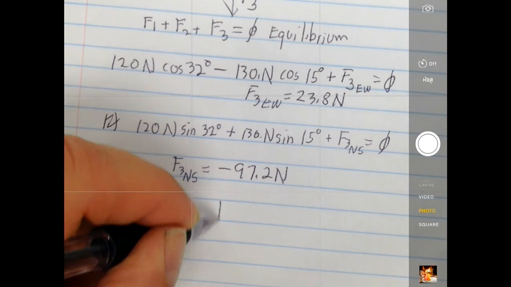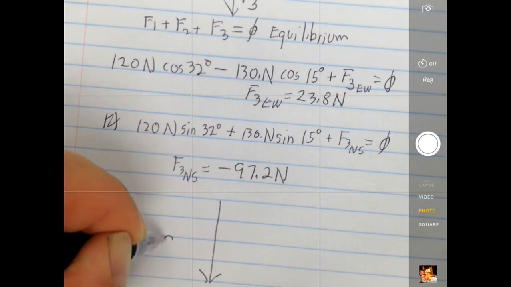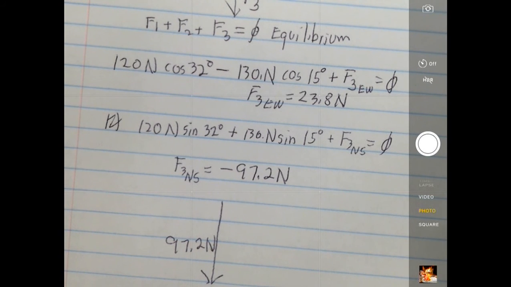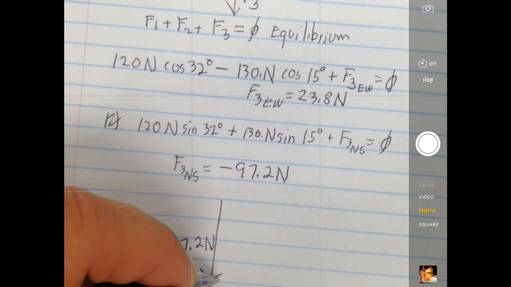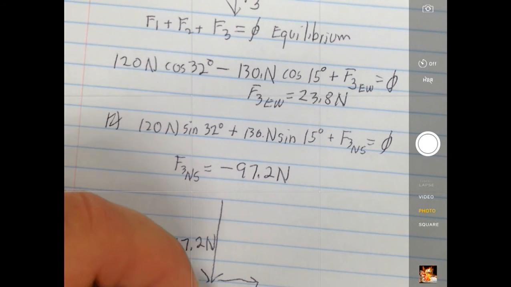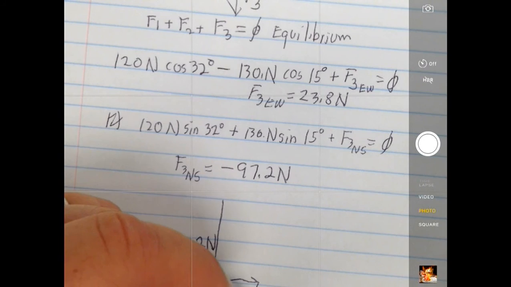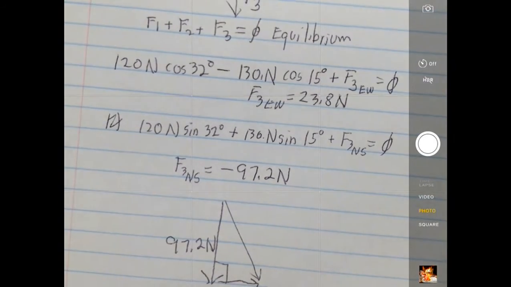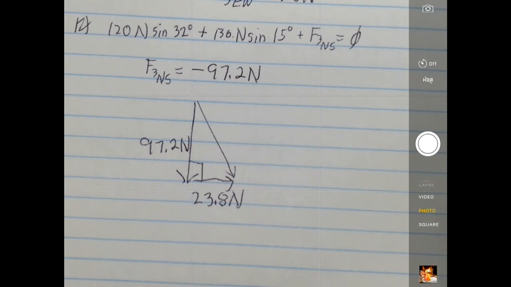Now, if I do one last sketch, F3 has a south component of 97.2 newtons and an east component of 23.8 newtons. They form two legs of a right triangle.